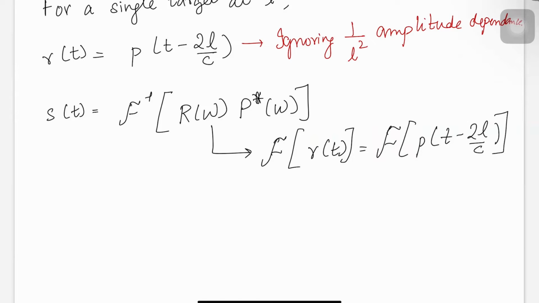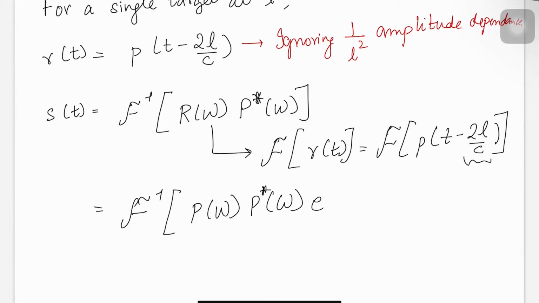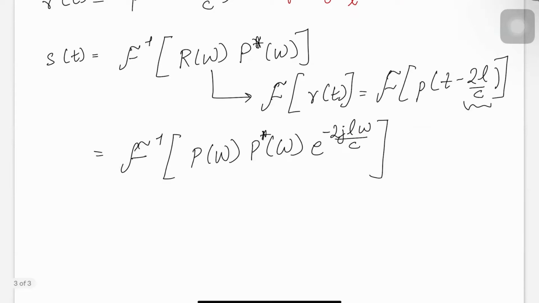From the time translation property of the Fourier transform, you can write this as P of omega times P star of omega, and the time delay becomes a frequency dependent term, an additional phase term, omega L over c. That's just a property of Fourier transforms.